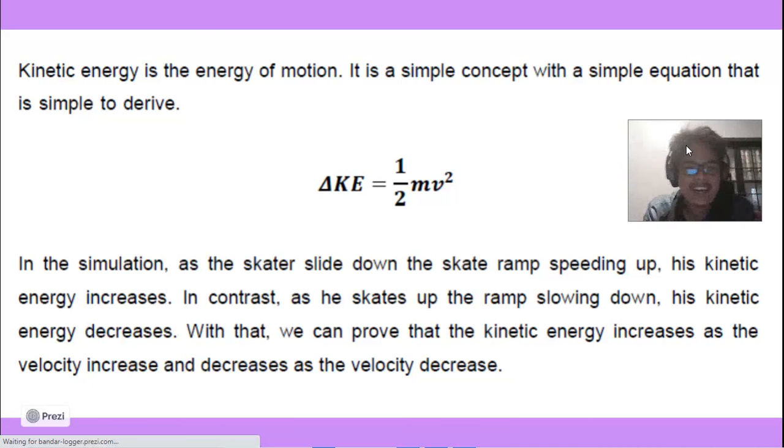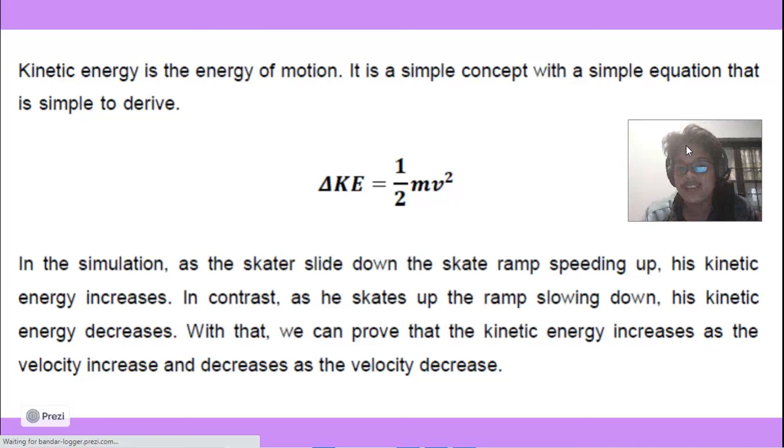As the skater goes further down, the velocity of the skater also increases, and thus its kinetic energy also increases. In contrast, when he goes up, you notice he slows down. It is because he is going higher.